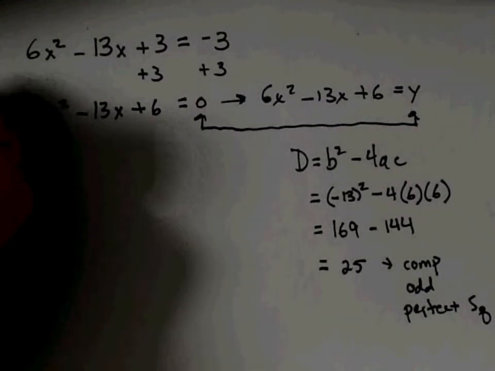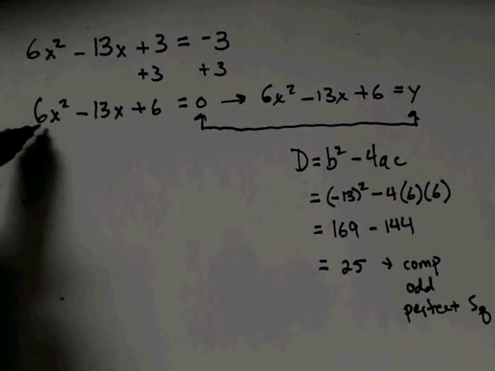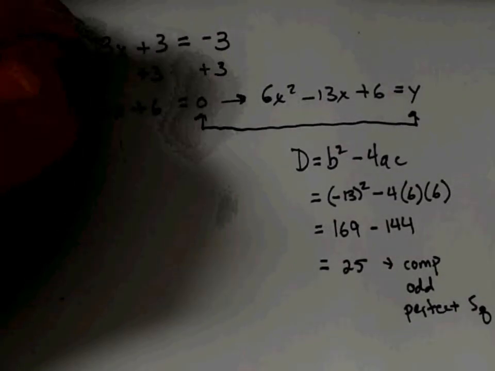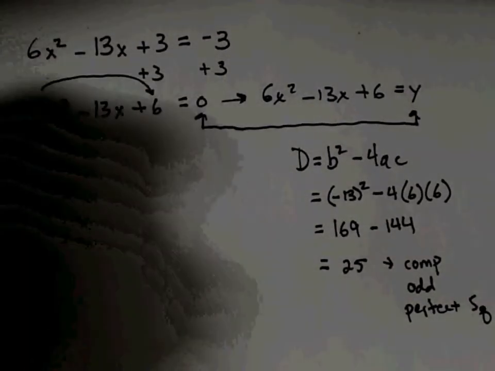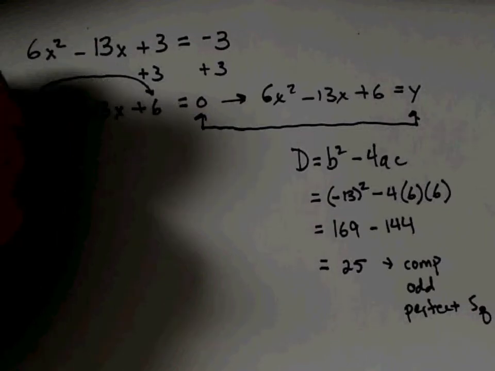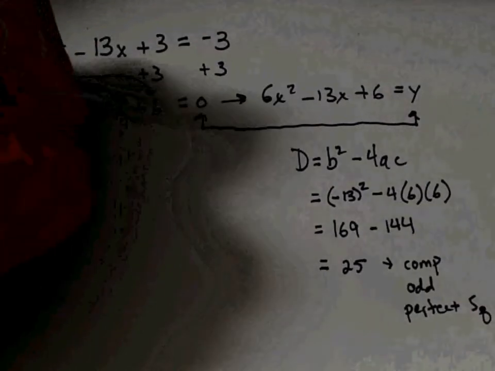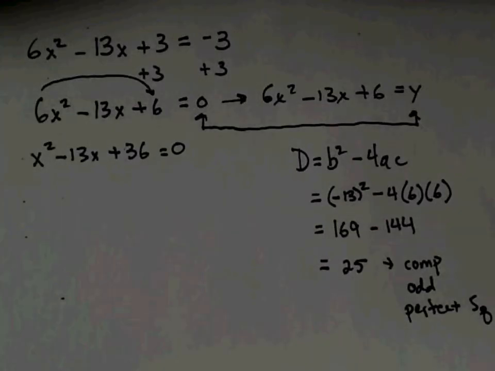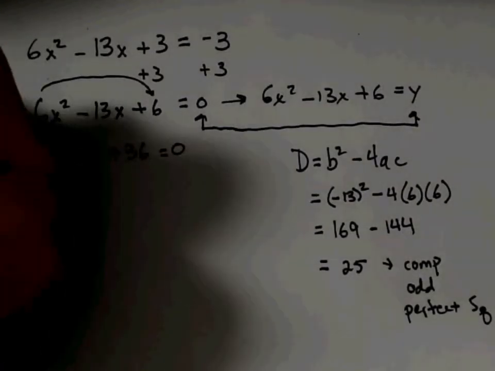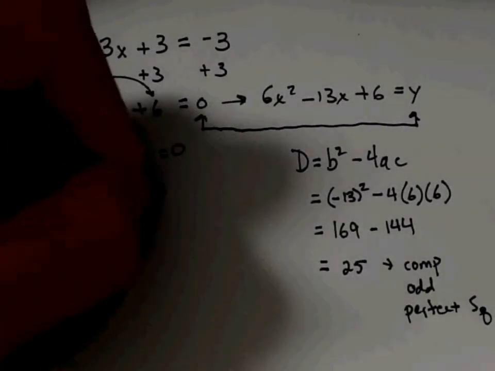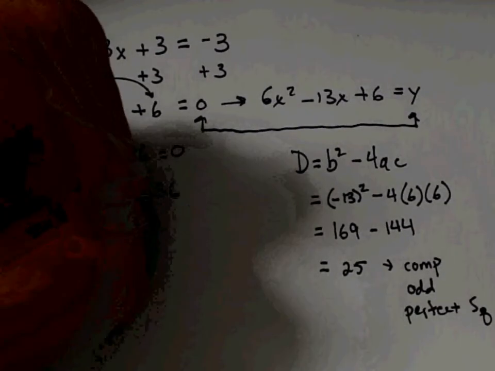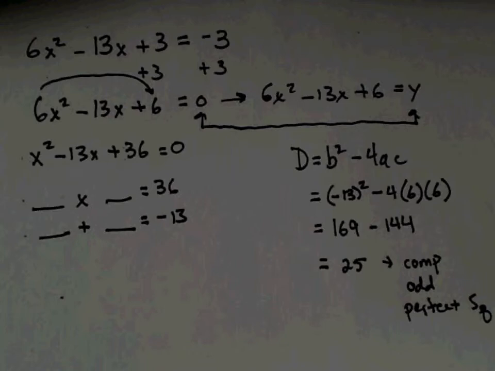And so our problem is the fact that this 6 is greater than 1. So what we do is we take this 6 and we multiply it to the c. And this has become x squared minus 13x plus 36 equals 0. And now we ask our questions. What multiplies to give me 36 and adds to give me negative 13?